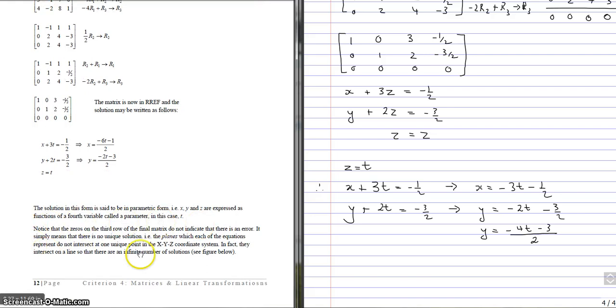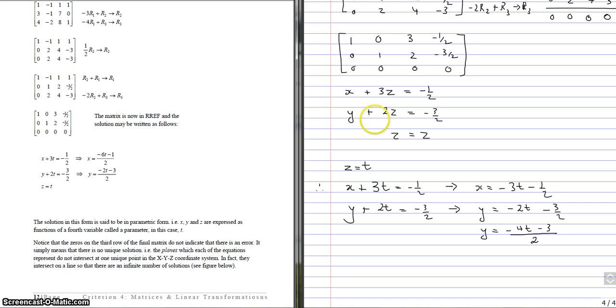Just taking note of what's written here. The zeros in the third row do not indicate there is an error. What it means graphically is that there is no unique solution. Now, we know that when we have linear equations in x and y, that represents a linear graph, a straight line, in 2 dimensions.